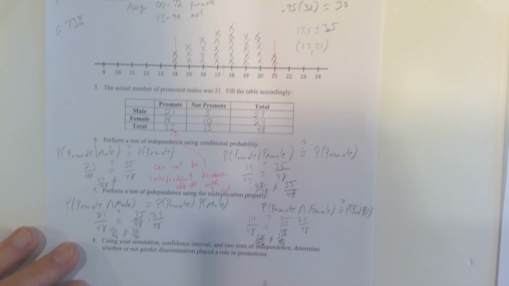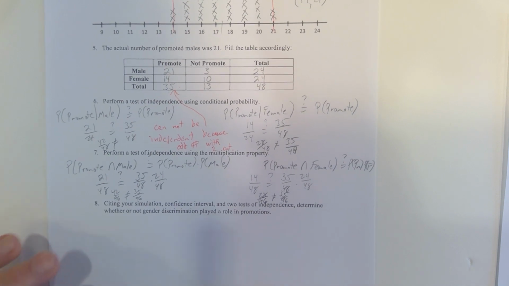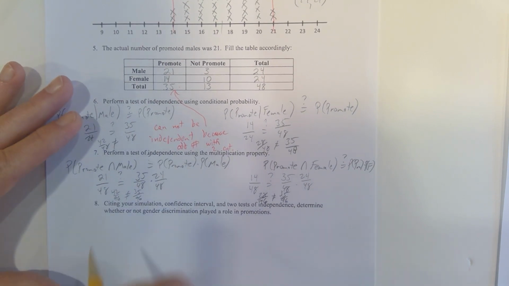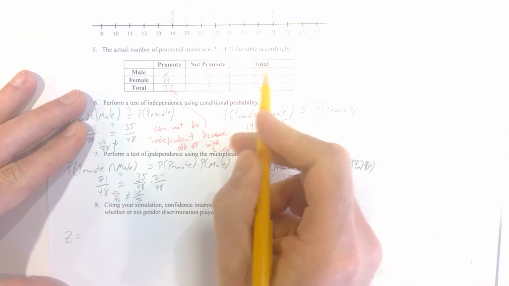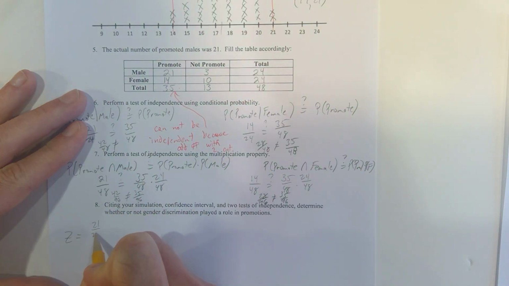But let's go ahead and calculate, because again, we went out of order. We know how to actually do this with a z-score. So I'm going to do that. My z-score, 21 out of 24 males were offered the promotion. The overall promotion rate, though, was 35 out of 48.